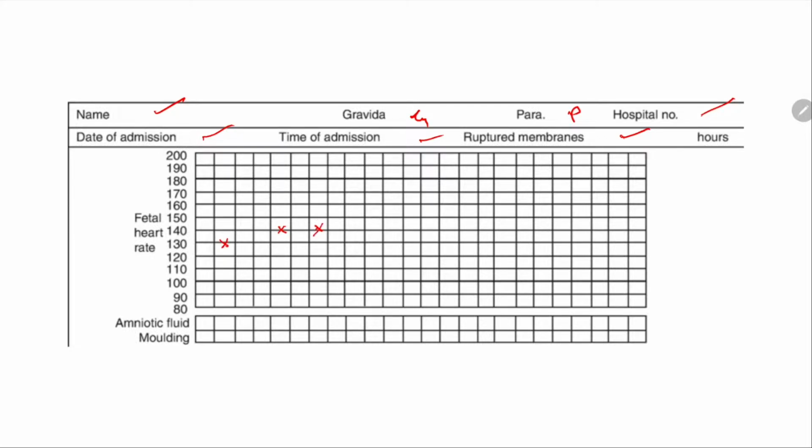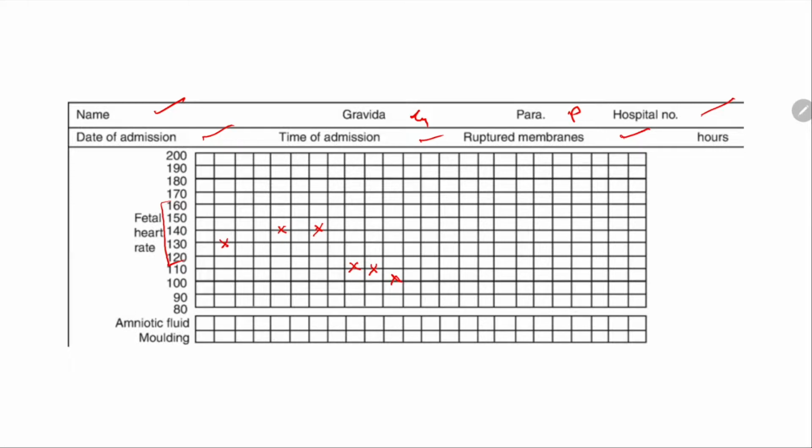The normal fetal heart rate is about 120 to 160. If you notice that the fetal heart rate is continuously staying below 120, going down to 100, that's fetal bradycardia. Tracking this helps to know whether an emergency LSCS is needed as an intervention.